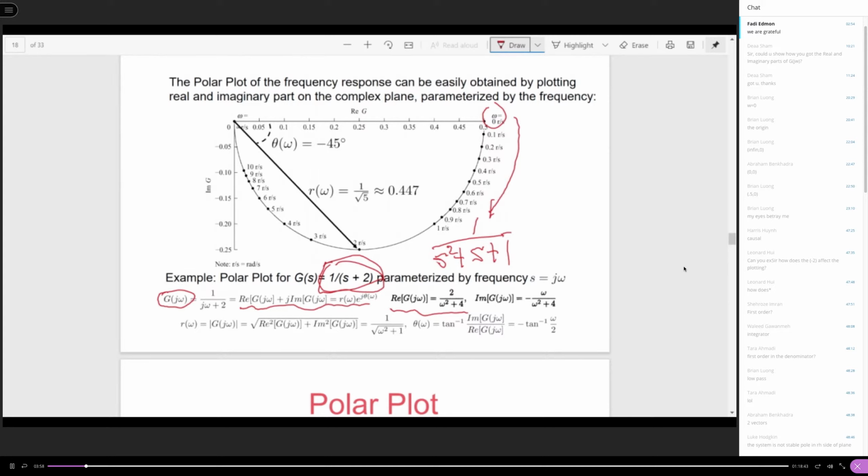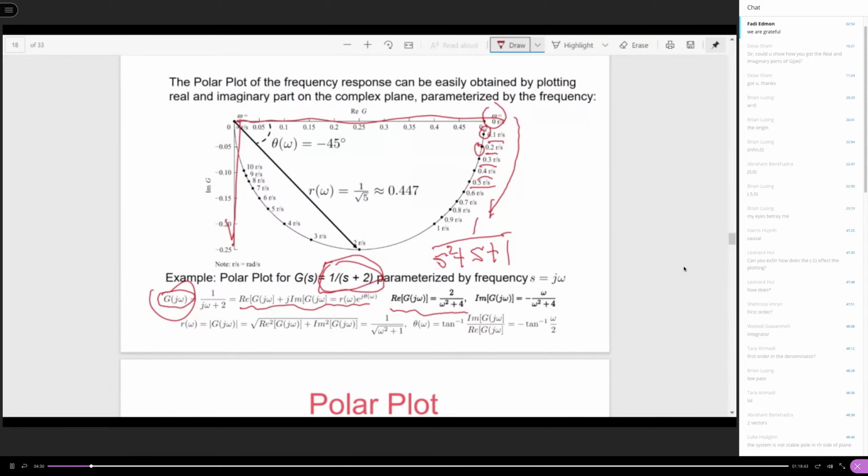Did you see, it is implied for each point, okay? What you plot is actually the real and imaginary parts of G of j omega, not omega. Even if the figure shows the values of the frequency, in the plot, the omega value is not explicitly shown.